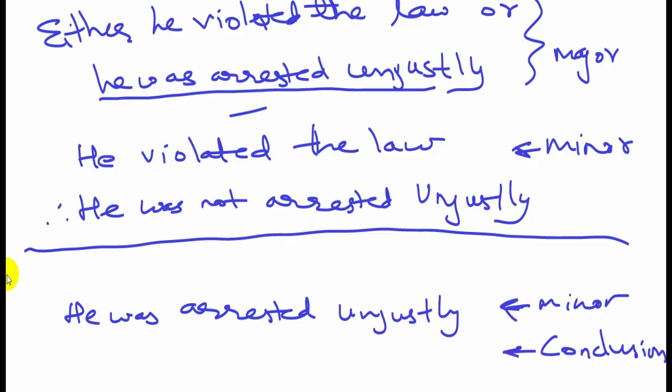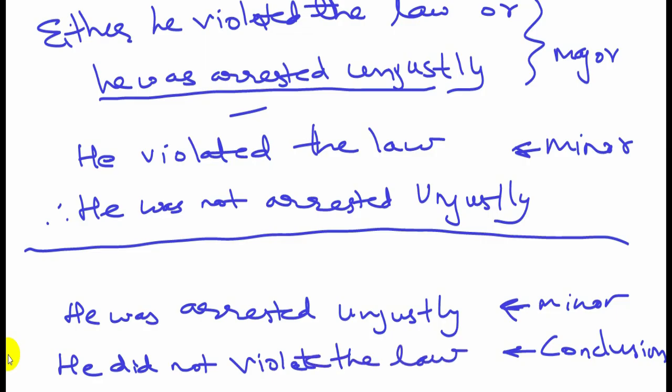If he is arrested unjustly and this is true, then he did not violate the law will be the conclusion. Okay, there are the two alternatives. This is one alternative, this is the second alternative. The disjunctive arguments on the basis of this rule are said to be in the modus ponendo tollens.